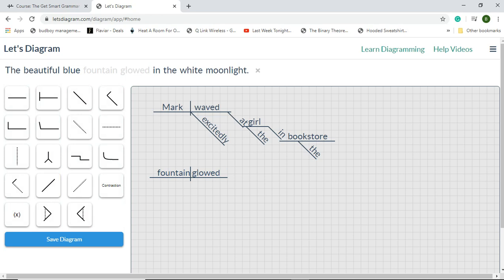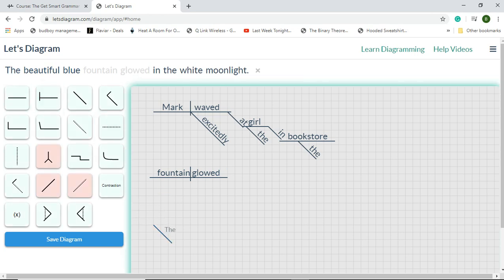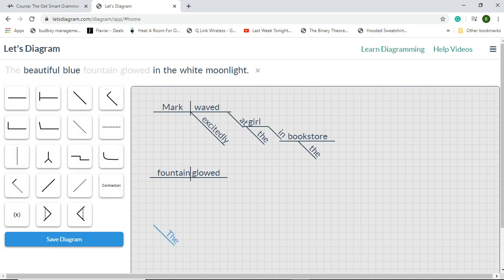Now, if we take a look at this, we have a lot of adjectives. The is always an adjective, remember? What is it modifying? It is modifying fountain. Which fountain? The fountain. Good. Next, we have beautiful. Beautiful is also modifying fountain.